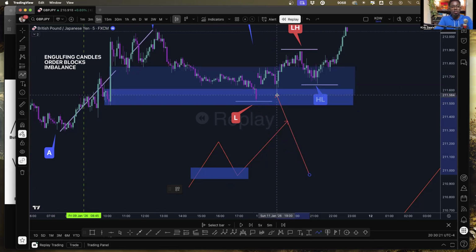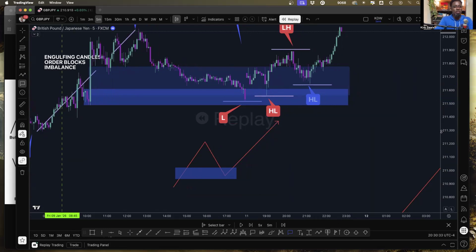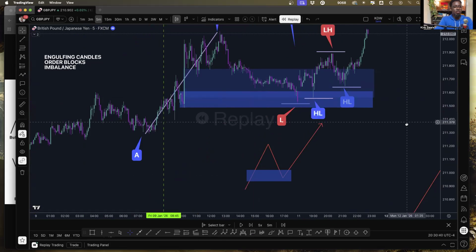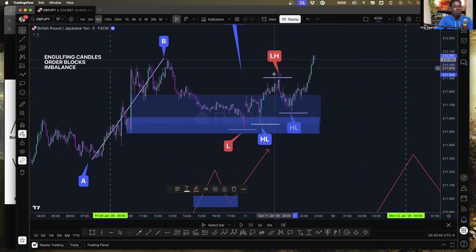This one was actually higher than this one, so this could have been our first higher low. So this would have been indication number one. Let's make that blue. Price pushed up here.